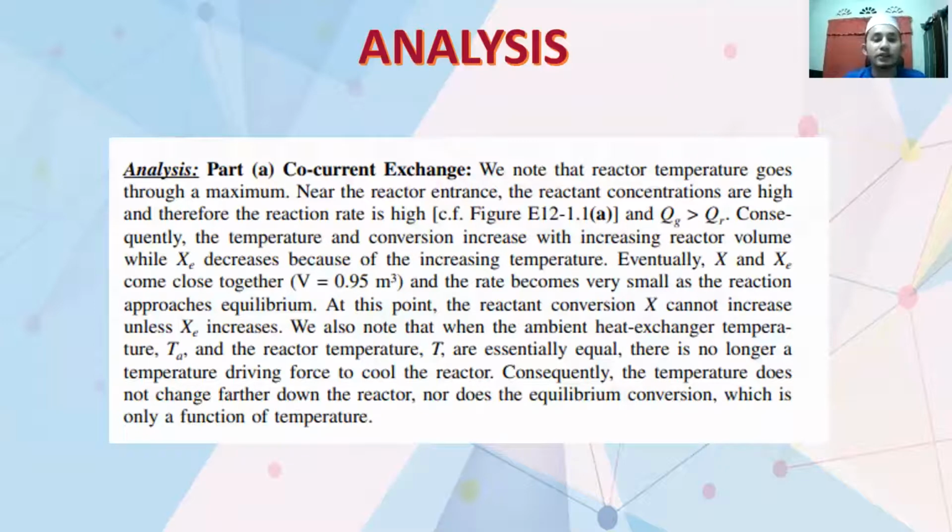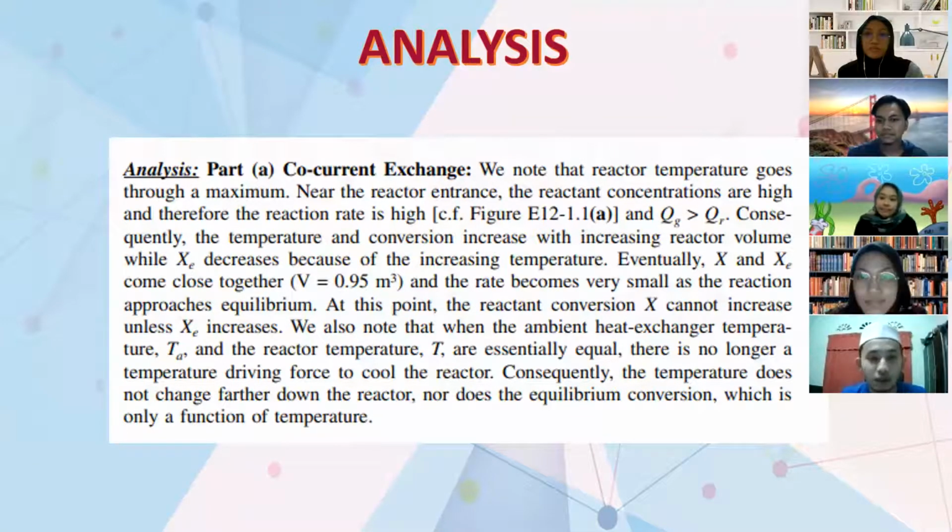So this is the analysis of what we discussed before. We know that the reactor temperature goes through a maximum. Near the reactor entrance, the reactant concentrations are high, and therefore the reaction rate is high, and QG is greater than QR. Consequently, the temperature and conversion increase with increasing reactor volume, while XE decreases because of the increase in temperature.